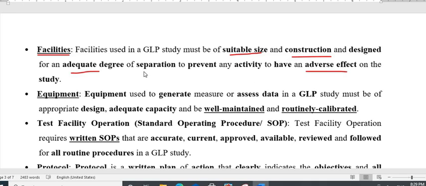So the GLP study must be at a suitable site, and the construction and design must be of adequate degree, or an adequate facility, so that the chances of adverse effects are minimized. So this is about the facility in the GLP.